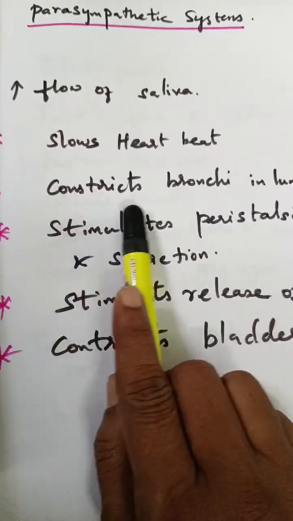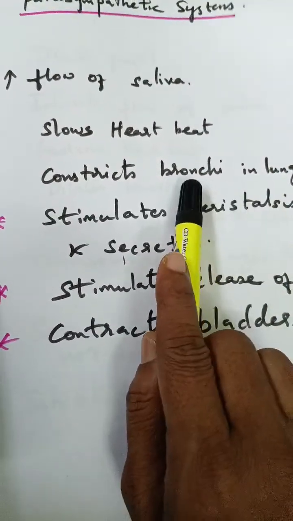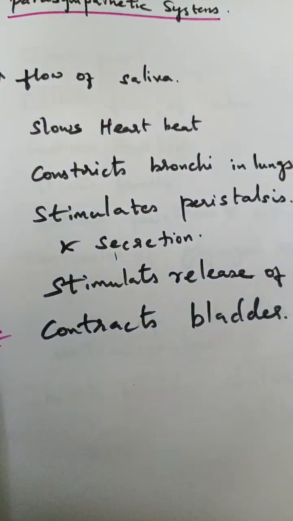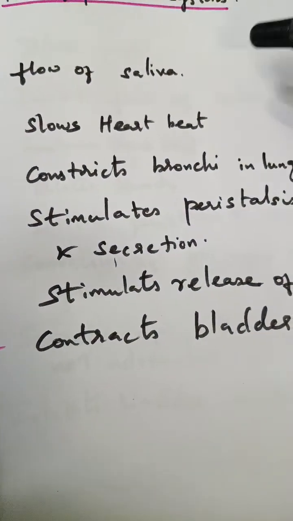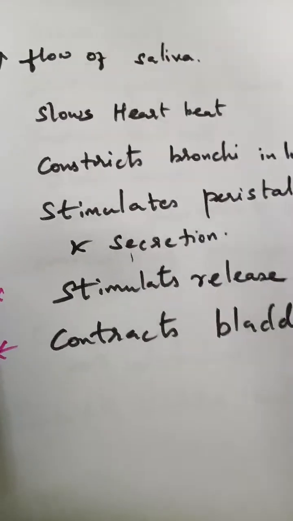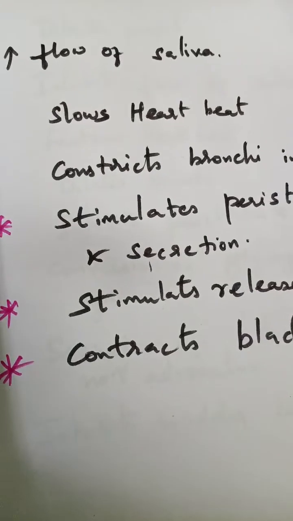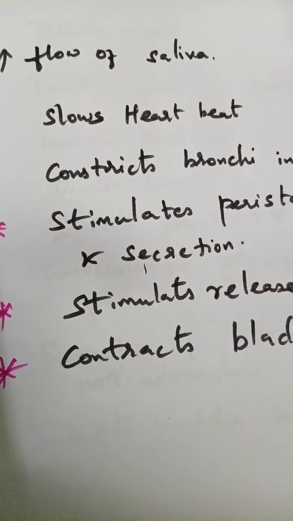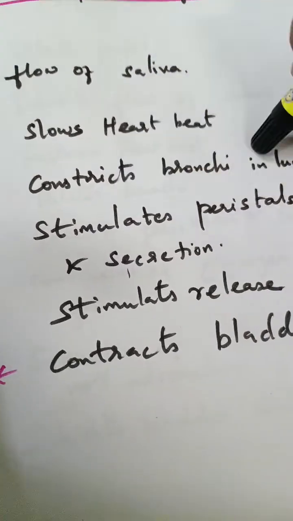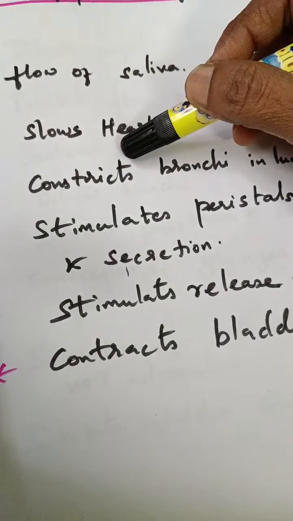And the parasympathetic will constrict the bronchi in the lungs. You know what is bronchi? It's the branch of the trachea which splits into two branches, and they finally end in the alveoli. It's the lung structure. If the parasympathetic constricts the bronchi, your sympathetic will dilate the bronchi. Constrict means it will shrink.